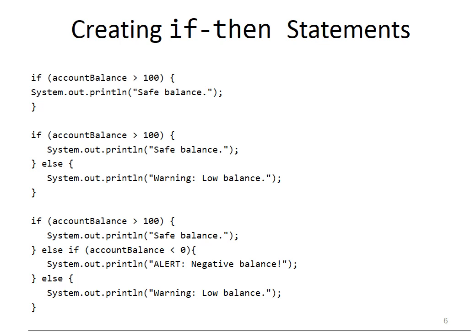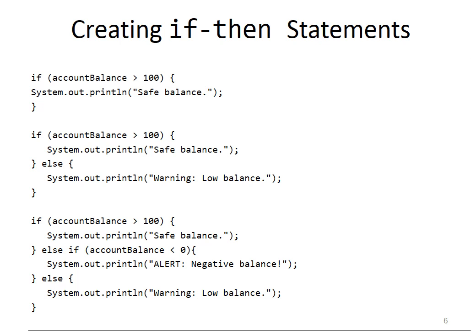Here, you can see some examples listed. If account balance is bigger than 100, then a message is displayed on the console saying save balance. If account balance is not bigger than 100, nothing will happen. We can also add an else keyword as the next example illustrates. If account balance is bigger than 100, then display save balance, else display warning low balance.